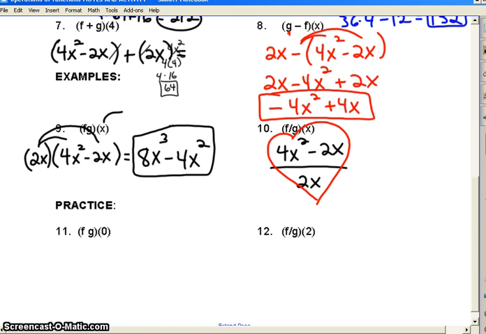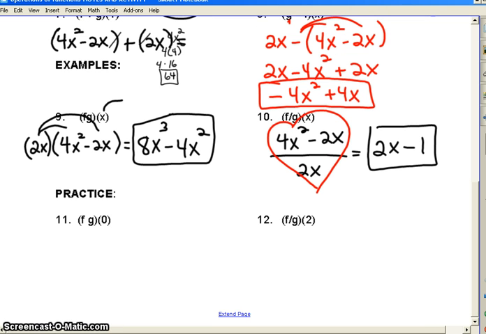Okay? 4x squared divided by 2x is 2x. And negative 2x divided by 2x is 1, minus 1. Okay, so now you can pause your video and do the two practice problems and check your answer.